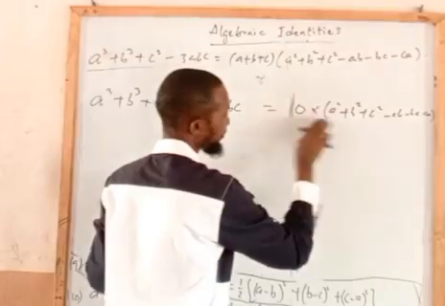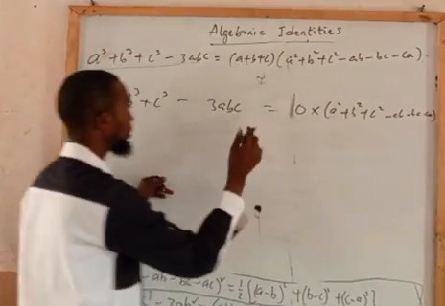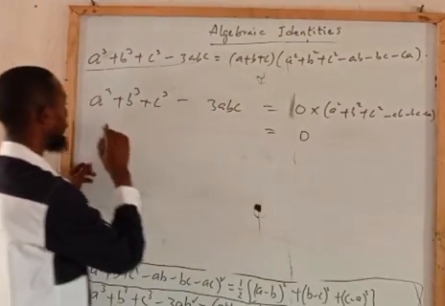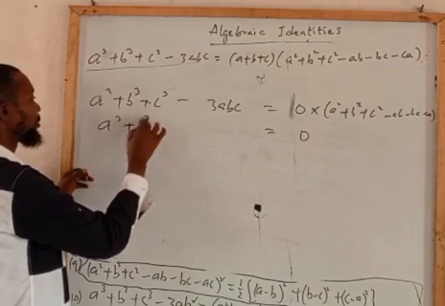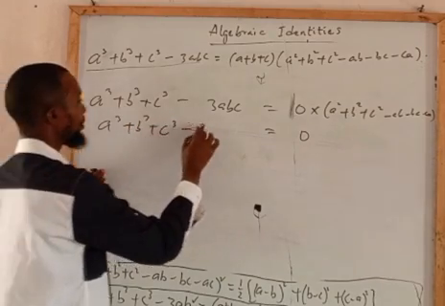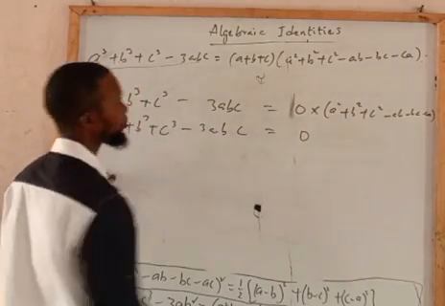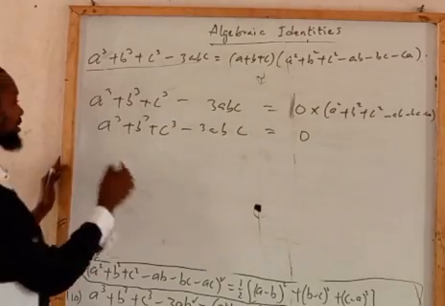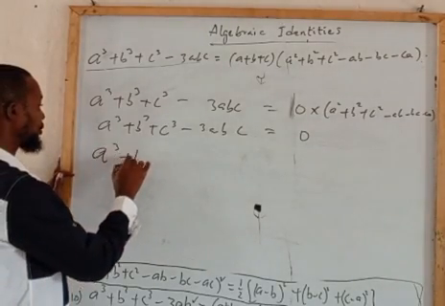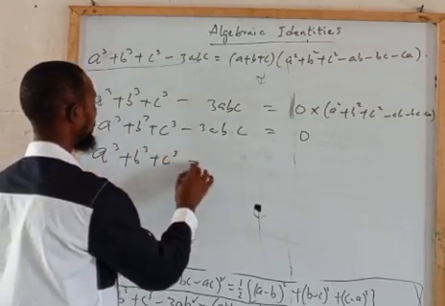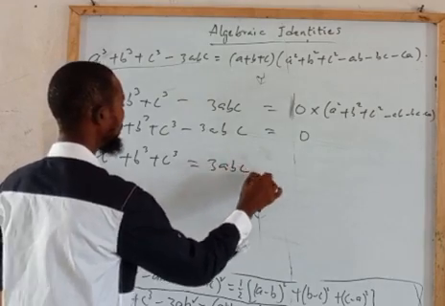So the result of multiplying the whole thing here by 0 changes everything to 0, meaning a cubed plus b cubed plus c cubed minus 3abc will be equal to 0. Which is the same thing as saying that a cubed plus b cubed plus c cubed is equal to 3abc.